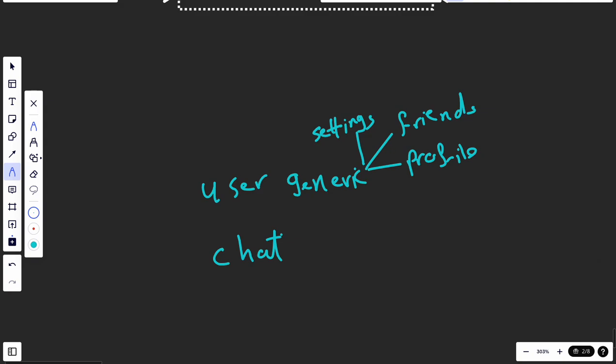Relational databases do not handle the long tail. So what is the long tail? This is one of the key things actually.